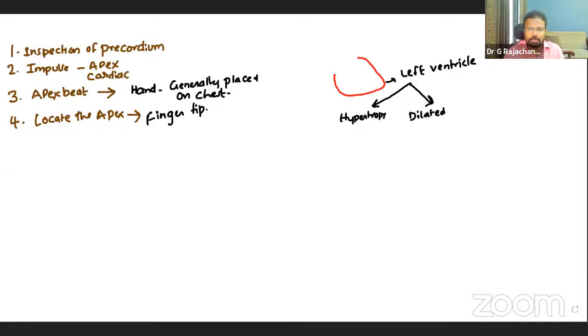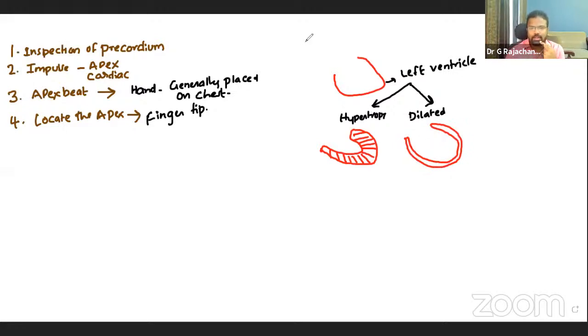Let us draw two diagrams here. In case there is a left ventricular hypertrophy, you see this, what is happening? The left ventricle is majorly hypertrophied in this situation. I will draw another picture here. Here it is dilated.